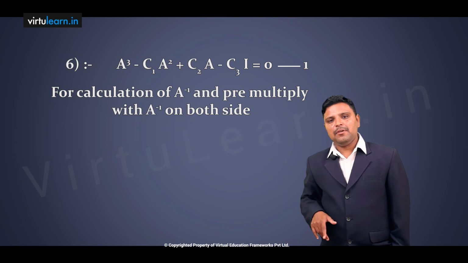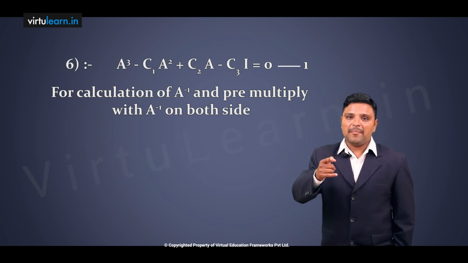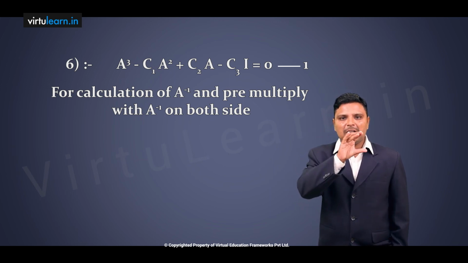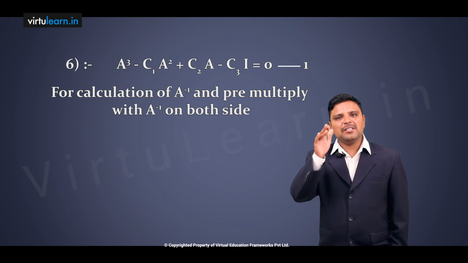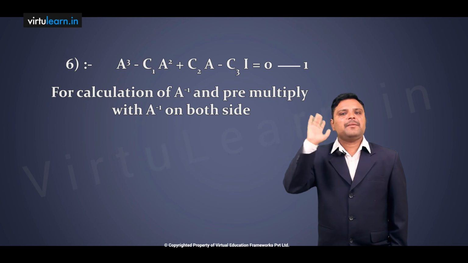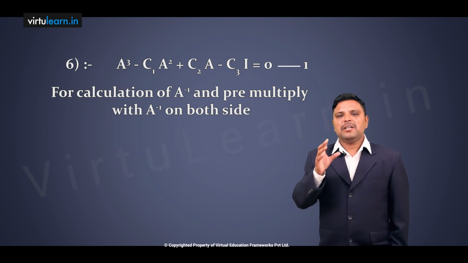Only C3 is available, but I am writing here C3 into I, because that number we are converting into a matrix. A cube is a matrix, minus C1 A square is a matrix, plus C2 A is a matrix, and C3 is just a number, so it should be a matrix.